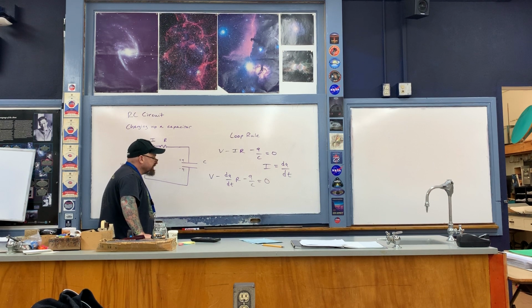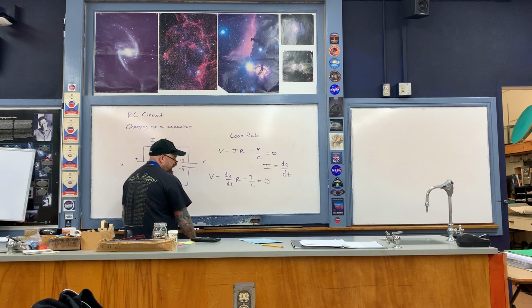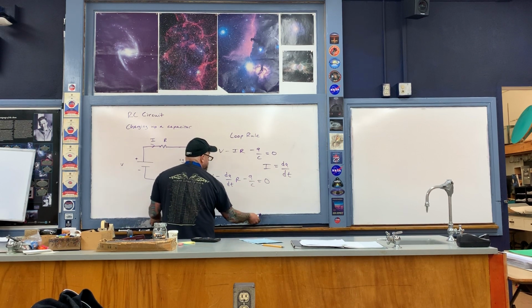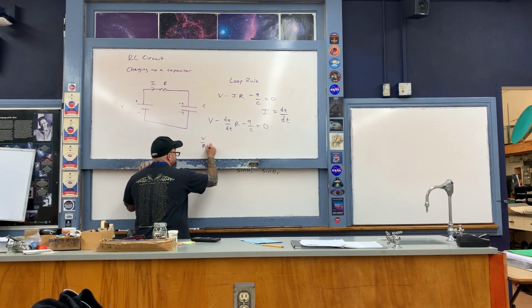So I'm going to go ahead and start to separate variables. The first thing I'm going to do is take the resistance R and divide it into the other terms. Then I'm also going to take the dq dt that remains and move it over to the right-hand side of the expression. When I do that process, I end up with this.